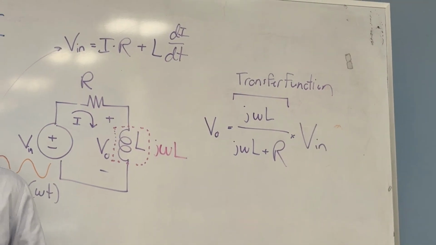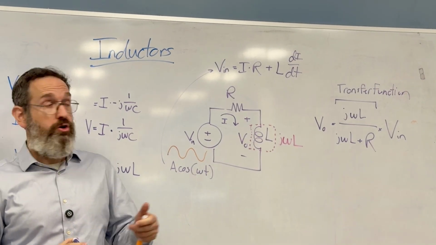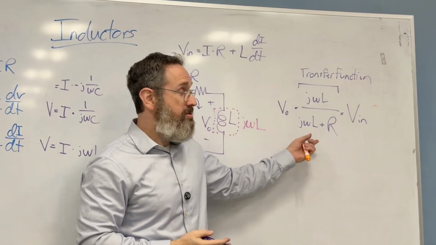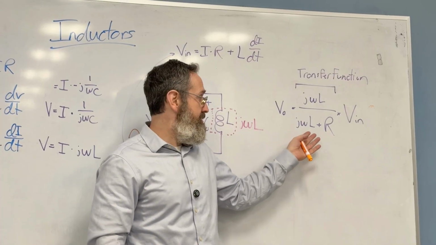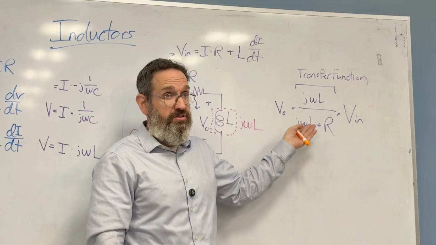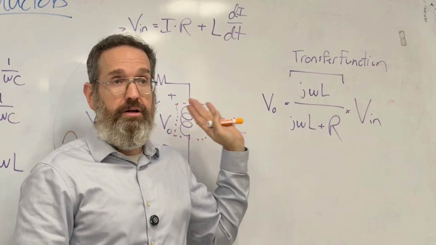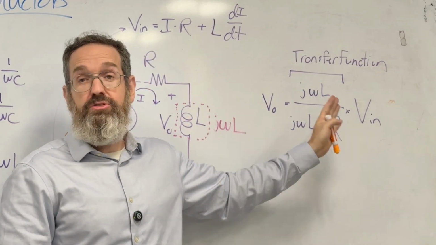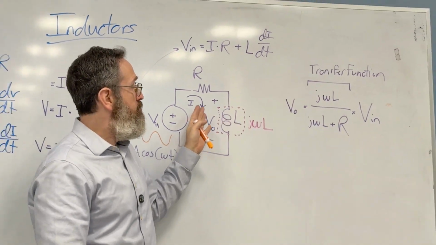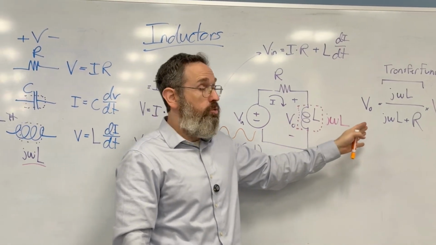And this should feel very much like what we did with capacitors, right? If you go back and look at the stuff we did with capacitors, exactly the same. The only difference was there were C's here instead of L's, but C's are just numbers like 3, and L's are also just numbers like 4. So there's nothing new here. And so this is the general approach of how you would solve circuits using sinusoidal steady-state analysis with inductors.